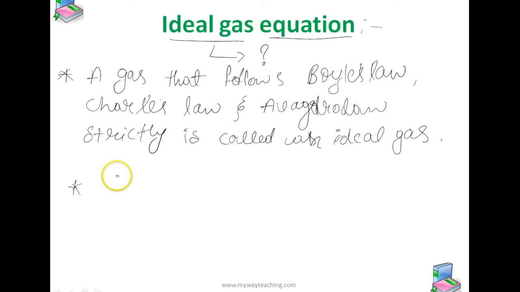Next, coming to what is meant by ideal gas equation. There are three laws which we have learned till now, that is Boyle's law, Charles law, and Avogadro law. So they are combined together in a single equation which is known as the ideal gas equation. This is ideal gas. What do you mean by ideal gas? Then what do you mean by ideal gas equation? Write it down.